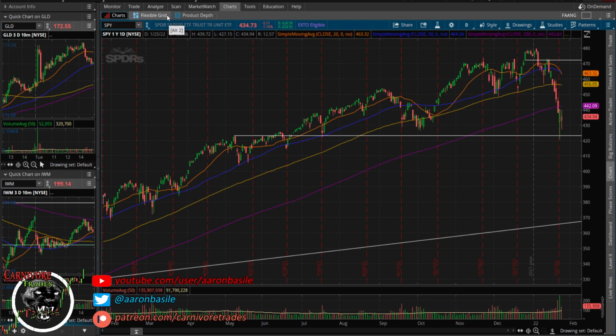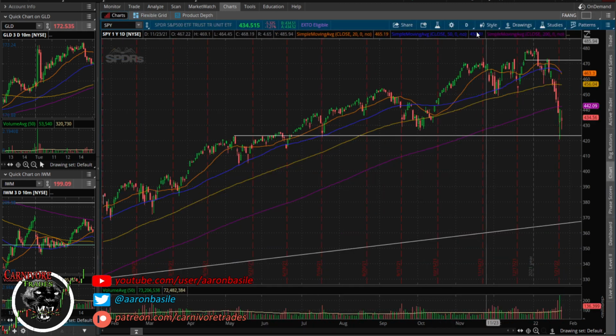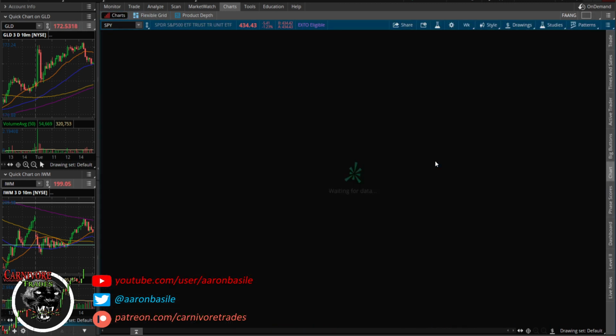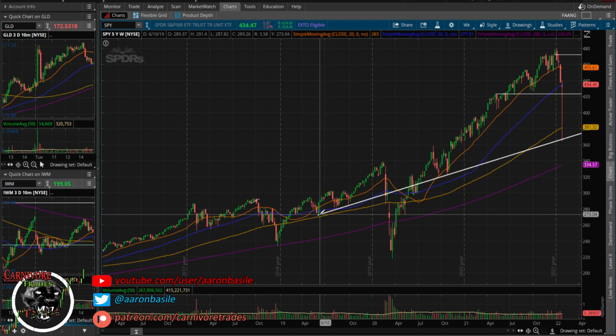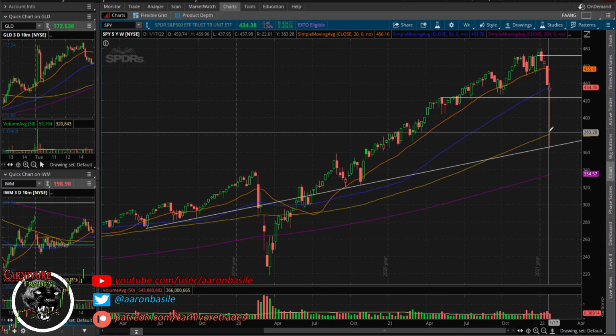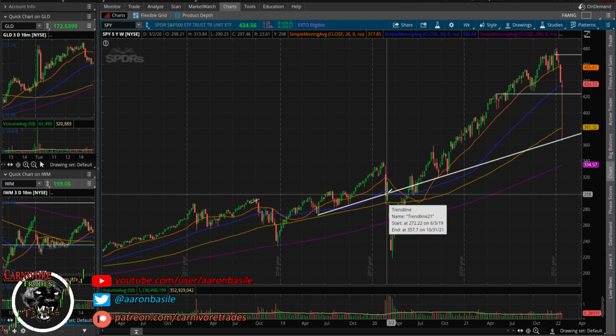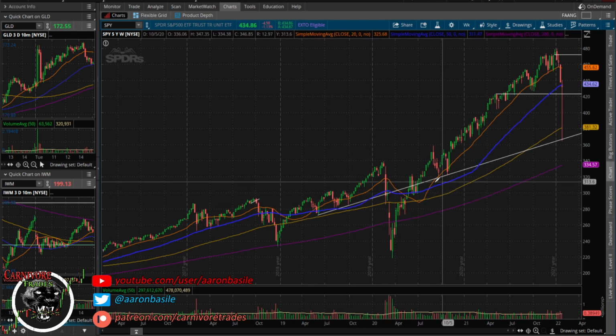If we look at the spiders, a lot of people are talking about this fake print we got about 10-15 minutes into the day. This morning we got a fake print all the way down to about 360, about 365. And this is pretty crazy. This trend line goes back way back here. I've got this one penciled in from 2019, and look at this fake print. That's right where that trend line is. I've had this trend line on here for a while because essentially what it represents is mean reversion.